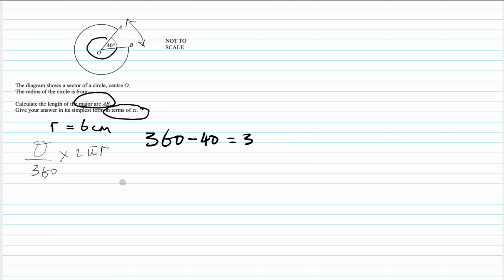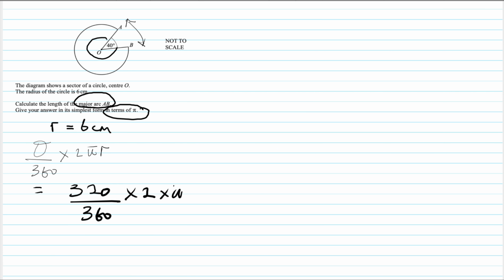Okay, so now that we have established that our theta is 320, since it's the major arc we are looking for, we substitute it in with the rest of the parameters that we have been given. So this is 320 over 360 times 2 times pi and r, which is 6. So this is what we have. So this cancels this, and then 6 goes into itself once, 6 goes into 36 6 times.